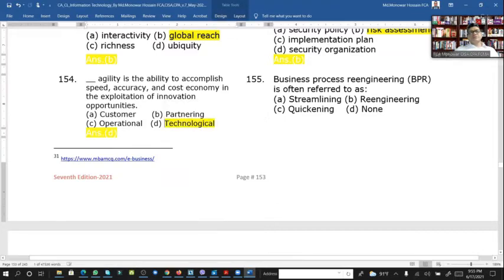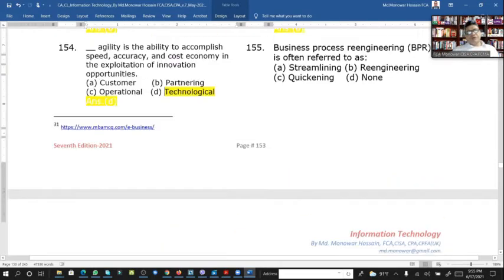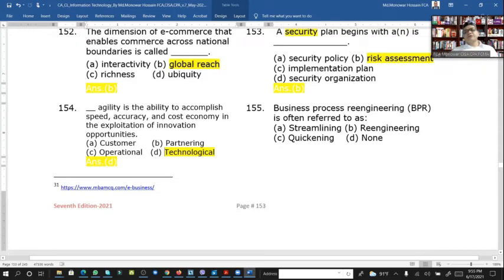So technological ability is the ability to accomplish speed, accuracy, and cost economy in the exploitation of the innovation opportunities. And the last MCQ, 155: business process reengineering often refers to what?